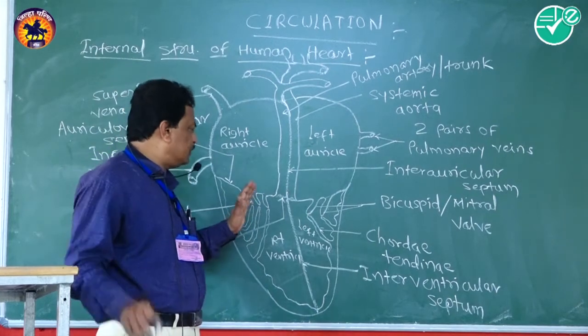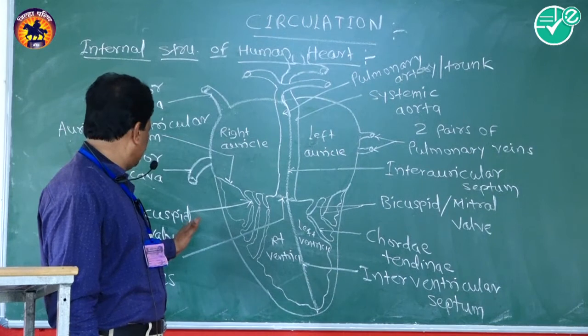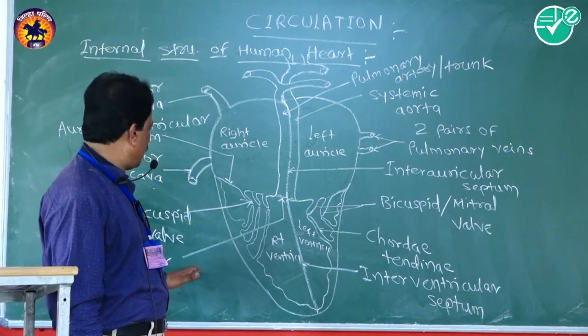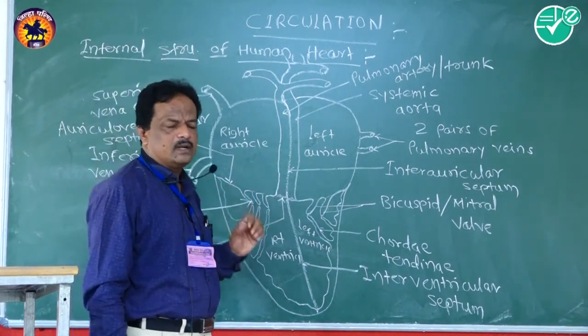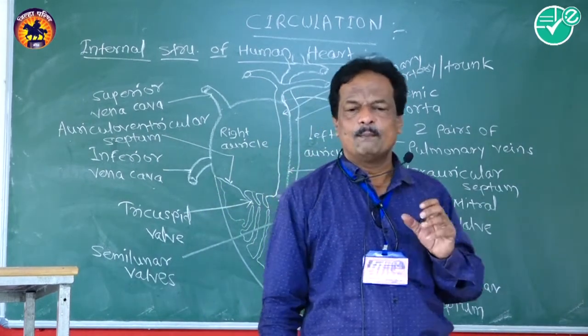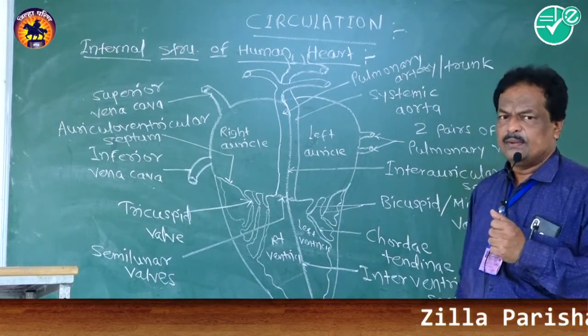The walls which are present in the structure of the heart, that is the tricuspid wall, bicuspid or mitral wall, and semilunar walls, play an important role to avoid the backward flow of blood after the ventricular relaxation.